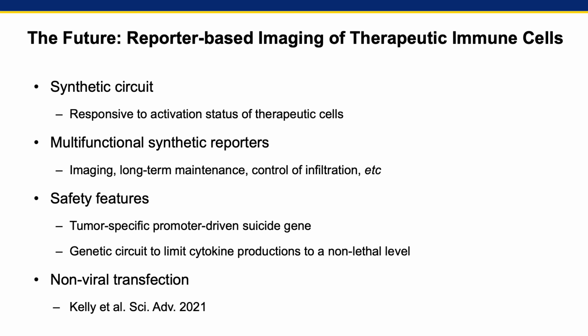We can build multifunctional reporters that enable imaging, long-term maintenance, and control of infiltration, etc. We can build in safety features, for example, a tumor-specific promoter-driven suicide gene, or build a genetic circuit to limit cytokine production to a non-lethal level.